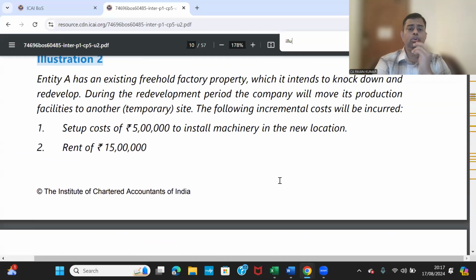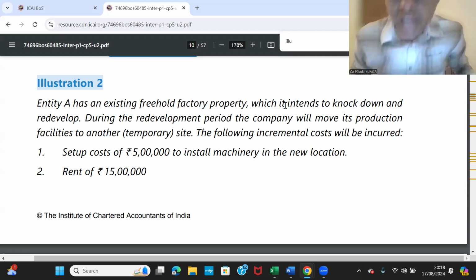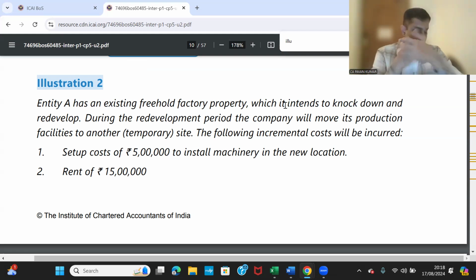Very good. Excellent. So look here. The entity has an existing freehold property which it intends to knock down and redevelop. That means there is a factory building, they want to demolish it and redevelop it from zero. Now that you are breaking your factory, you need a temporary location to carry on production.